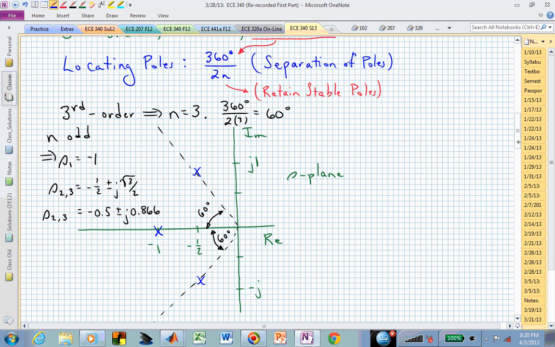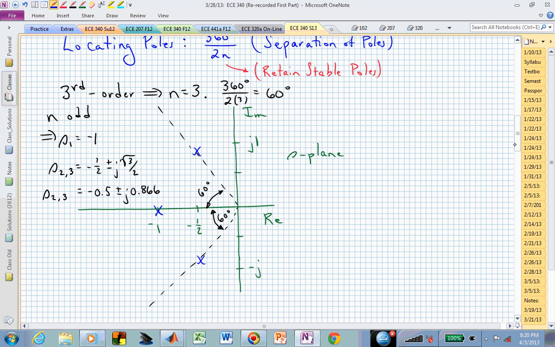Now we have the location of all three of our poles, whether we want that in rational form or decimal form. Now we know what we're dealing with in terms of our three normalized pole locations for a third order Butterworth filter.